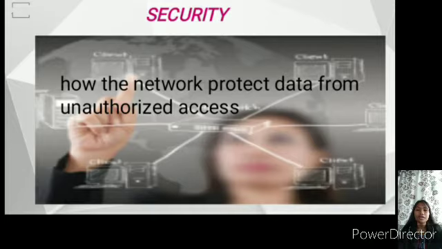What is security? The security issues include protecting data from unauthorized access and viruses. The network must be secured. The data that is sent should reach its destination safely, without any third party reading, altering, or destroying the data midway.